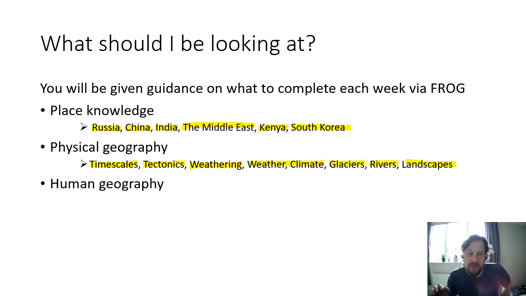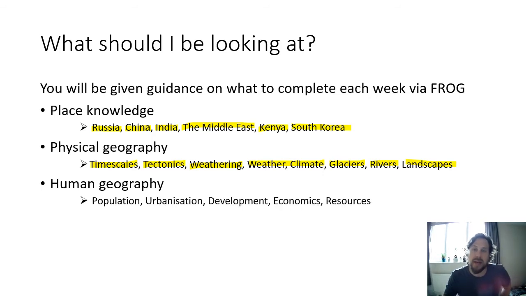And then we've also got human geography, so learning about how people interact with the world. Again, you have an exam on this in GCSE. And things you need to know about: population, so population change, which you did in Year 9. Urbanisation, so cities and the growth of them, you'll have an exam on that, and you did that in Year 9 as well.